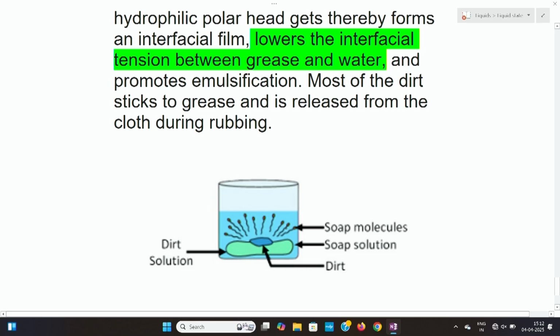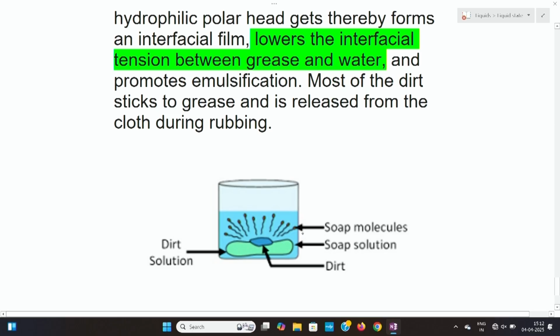Therefore, the interfacial tension will lower because of the presence of the interfacial layer, and this interfacial layer formation will promote emulsification. Emulsification means mixing of this water and oil, mixing of two liquids. That is emulsification. So when this happens, this colloidal solution will form.